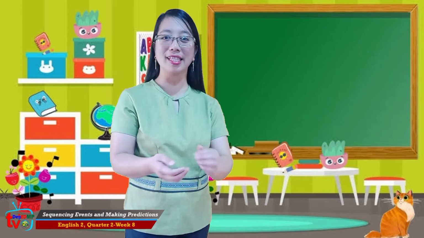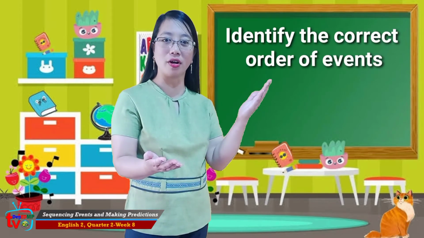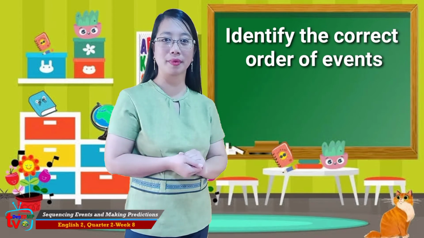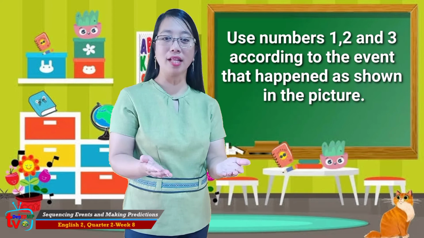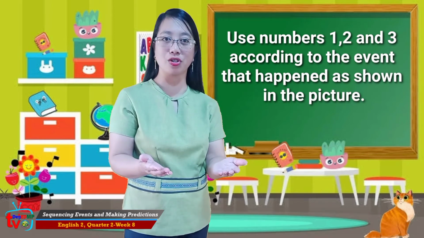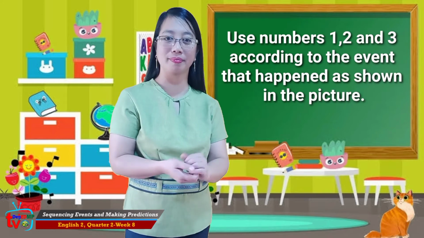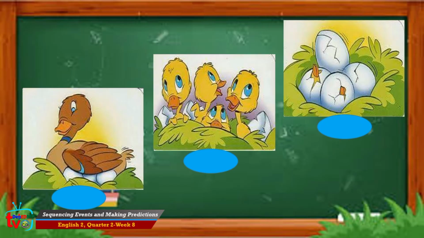Let us look at the third example. Identify the correct order of events. Use numbers 1, 2, and 3 according to the events that happened as shown in the picture. Which among these pictures comes first, second, and third?